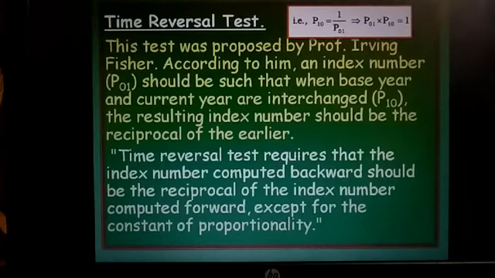When you reverse that time, whichever has been considered as current year, you should consider as base year. Whichever has been already considered as base year, you should consider as current year. That is what time reversing is.